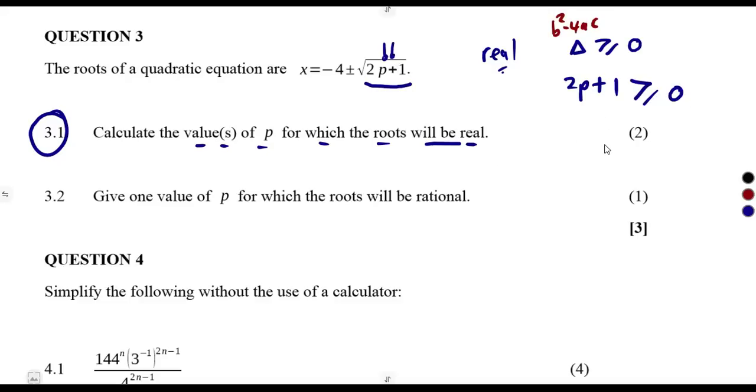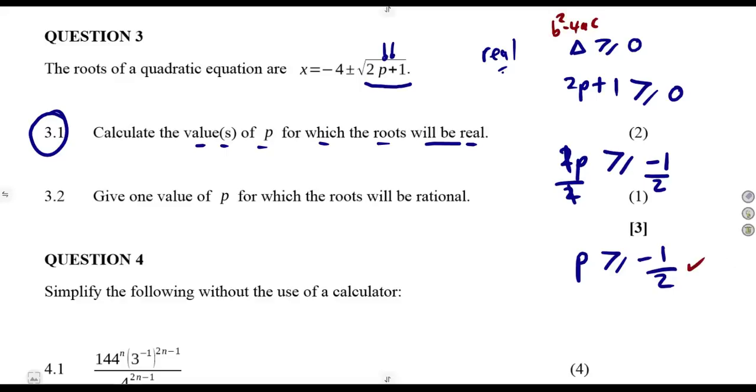You have an inequality to be solved. Solve for p. 2p is greater than or equal to negative 1. Simply divide by 2 on both sides. We're going to have the value of p, which is greater than or equal to minus 1 over 2. So our p is supposed to be greater than or equal to minus half. Just like that.